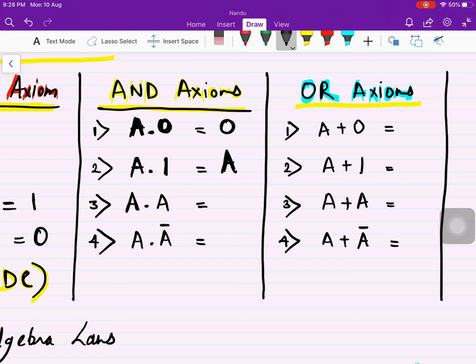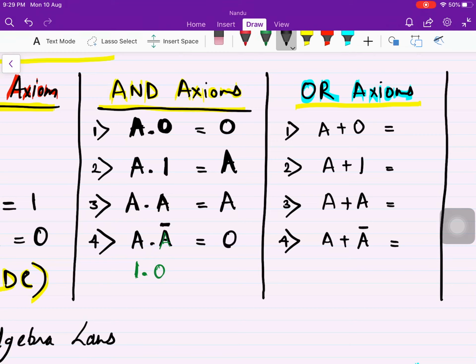Then a into a, we get a. And then a into a complement: if a was 1, a complement will be 0, so 1 into 0 will give me 0. So these are the 4 AND axioms.